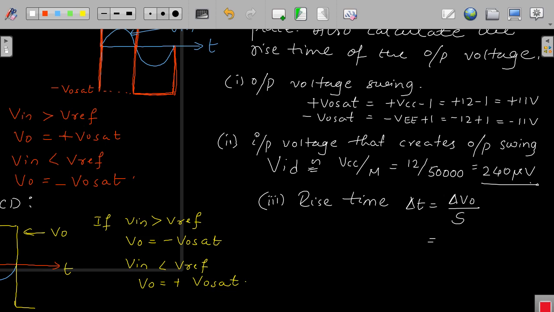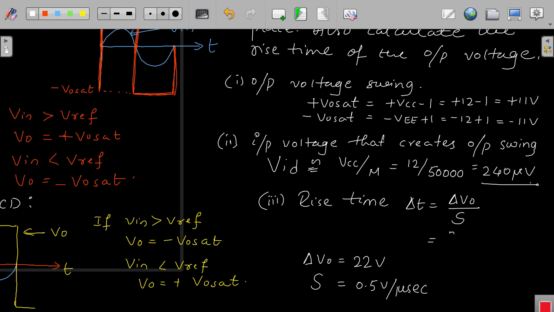You have to take the slew rate. Delta V naught will be 11 plus 11, 22 volts. So slew rate is how much? 0.5 volts per microsecond. Am I right? For your IC741?